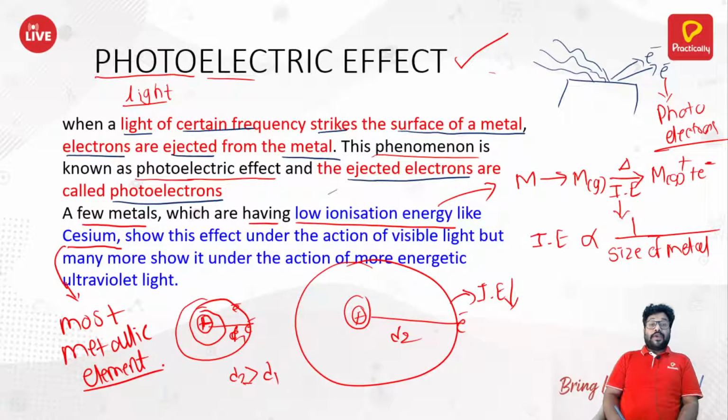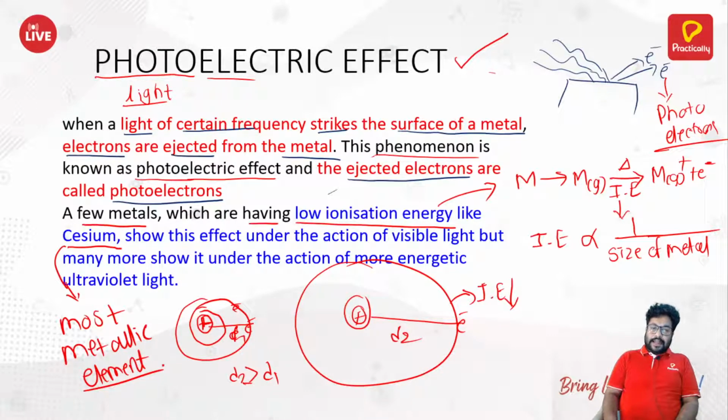It has the lowest ionization energy in the whole periodic table because it is very, very large in size, because of which it has the highest metallic character.